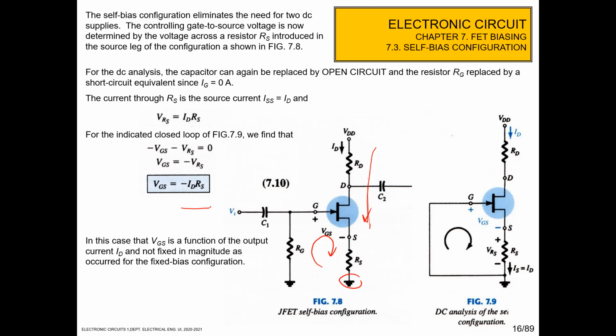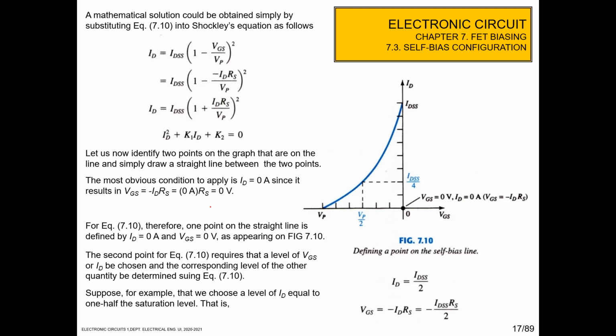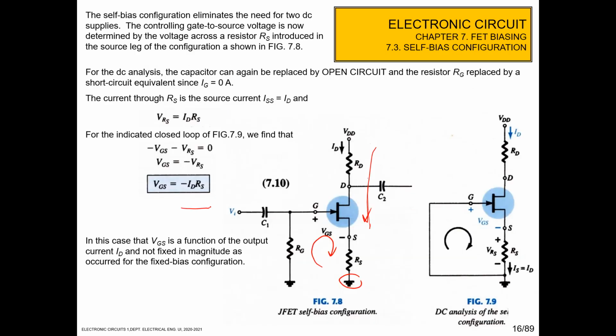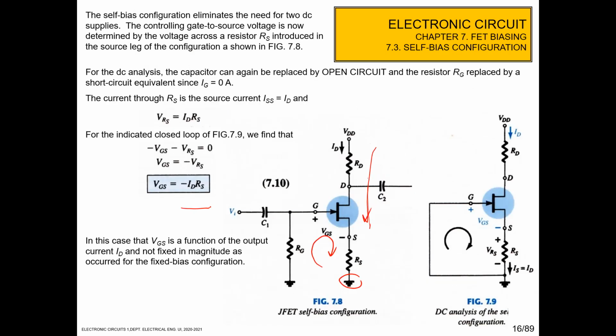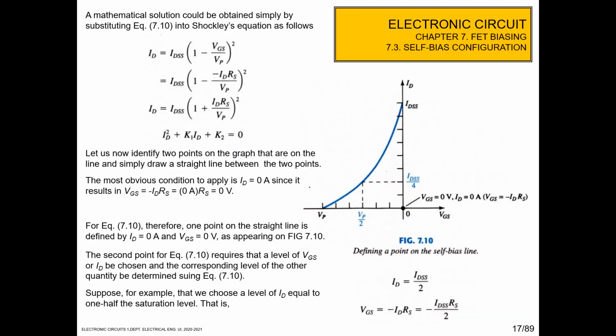And then the magnitude is not fixed here because we didn't put a bias voltage before the gate resistance, like in fixed bias. So in the mathematical solution, we can see it is obtained by substituting equation 7.10 here into the Shockley equation. In Shockley, ID is equal to IDSS multiplied by (1 minus VGS per VP) squared, and then we replace VGS by minus IDRS.